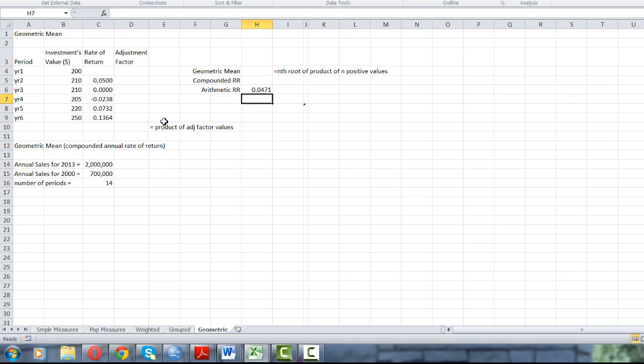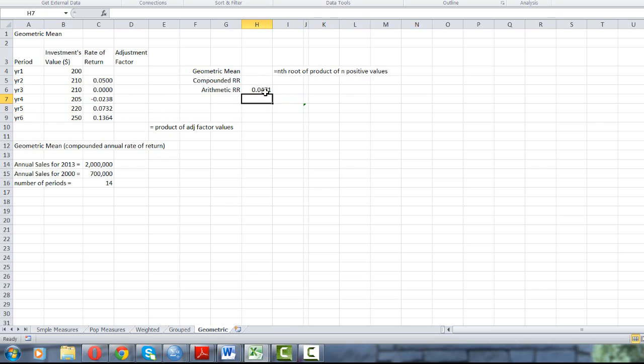So the arithmetic rate of return over those 5 years is 0.0471, so 4.71%.